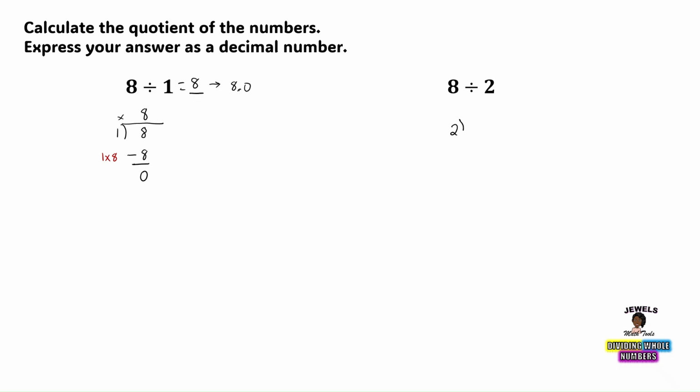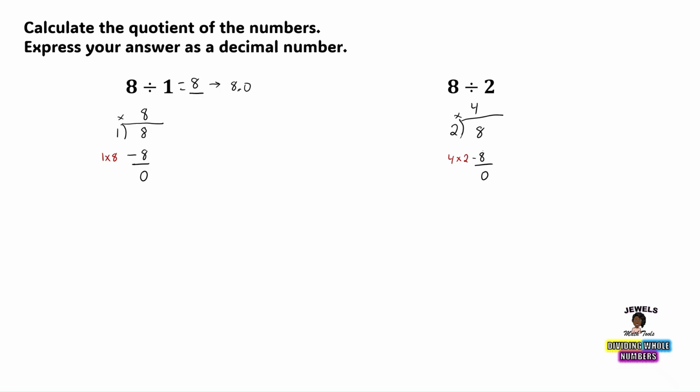So let's begin with our second example. So we are writing 2, which is our divisor, on the outside, and our dividend of 8 is written on the inside. 2 will divide into 8 4 times. 4 times 2, and again, I will write that at the bottom. 4 times 2 will give us the product of 8, and 8 minus 8 is equal to 0.